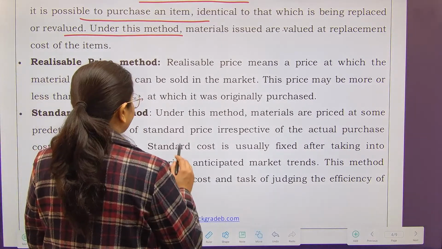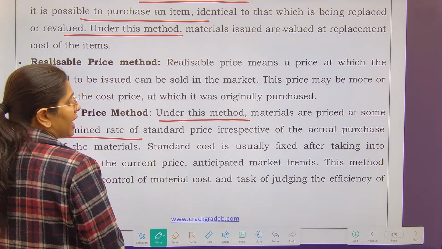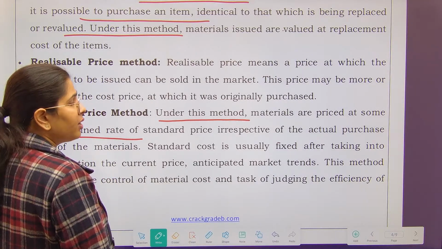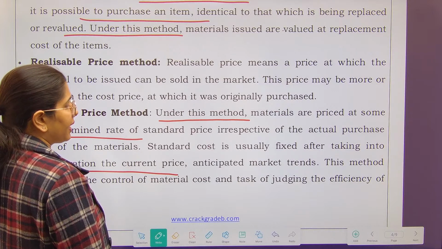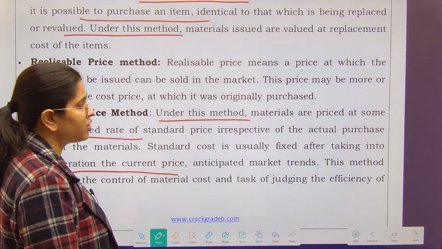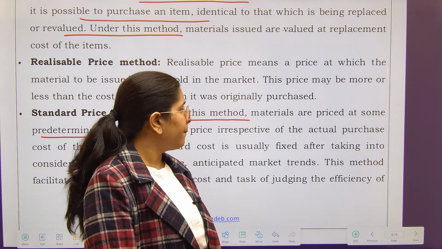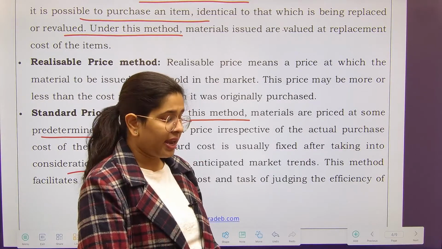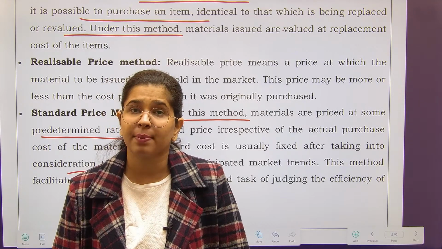Standard price method: under this method, materials are priced at some predetermined rate of standard price irrespective of the actual purchase cost of material. Standard cost is usually fixed after taking into consideration the current price and anticipated market trends. This facilitates the control of material costs and also judges the efficiency of the production process. So yes, it does, but the main factor is finding out the standard cost. You can find out standard cost if the price of your material does not fluctuate much.